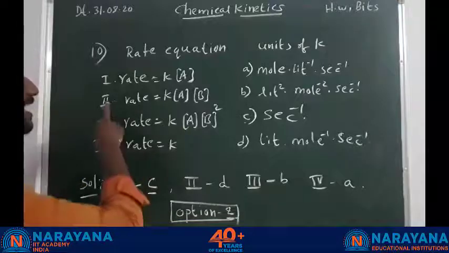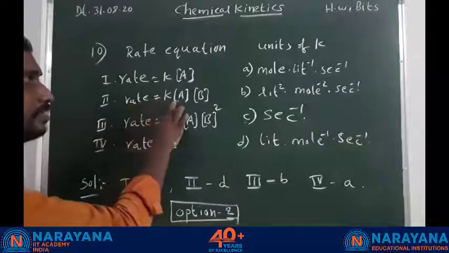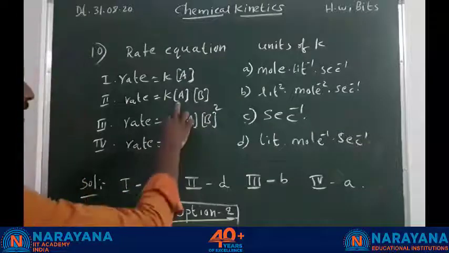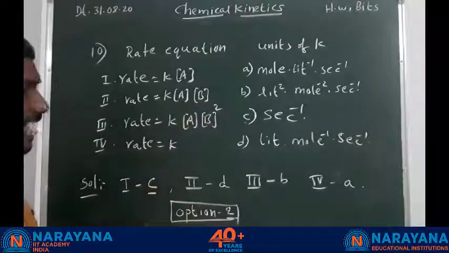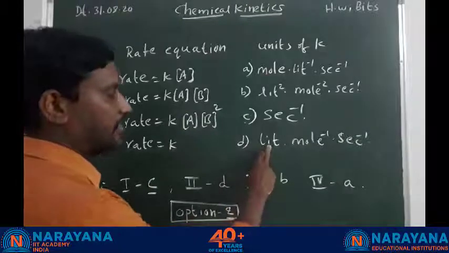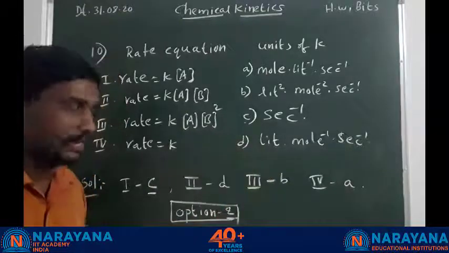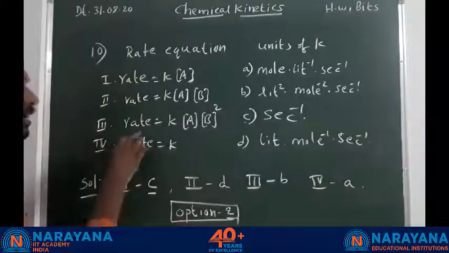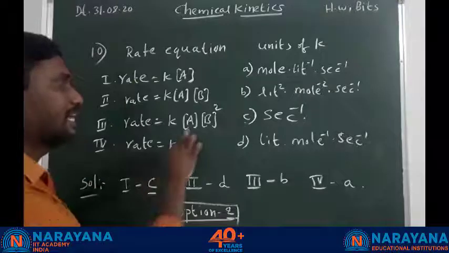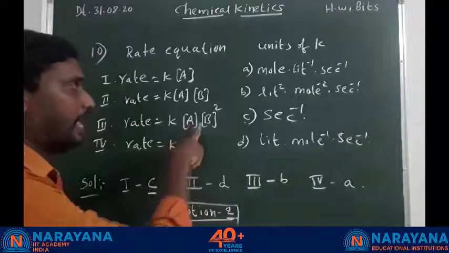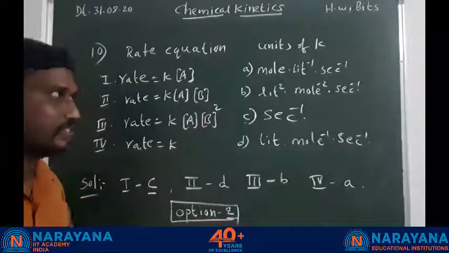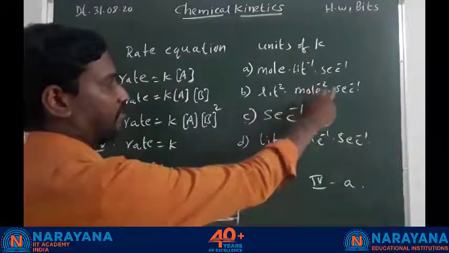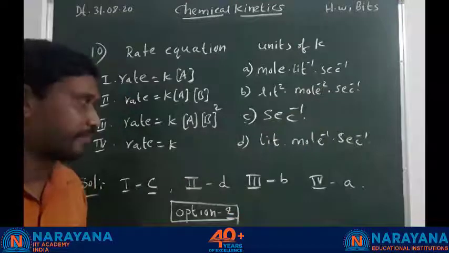Then second, rate depends upon the concentration of two reactants, then it is a second order reaction, units are liter mole inverse second inverse. Third, rate of reaction depends upon three reactants, 1A and 2B, third order reaction, then liter square mole inverse square second inverse are the units.